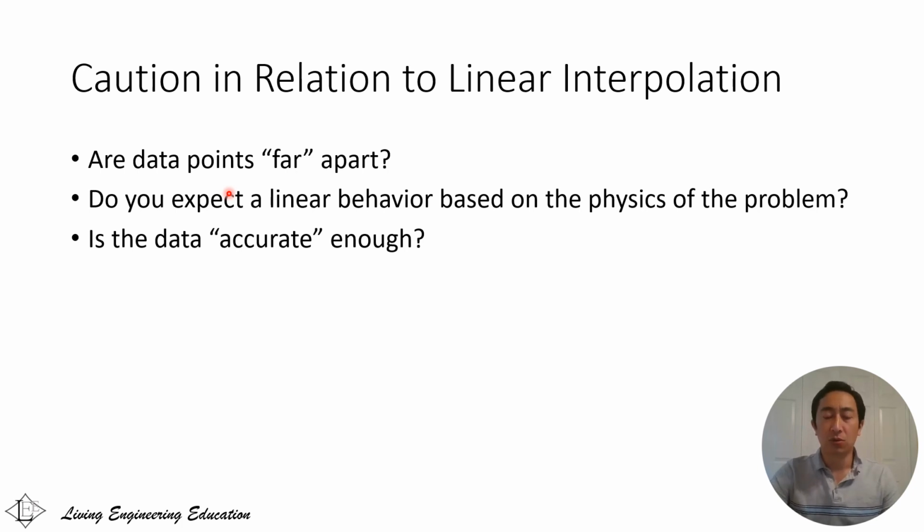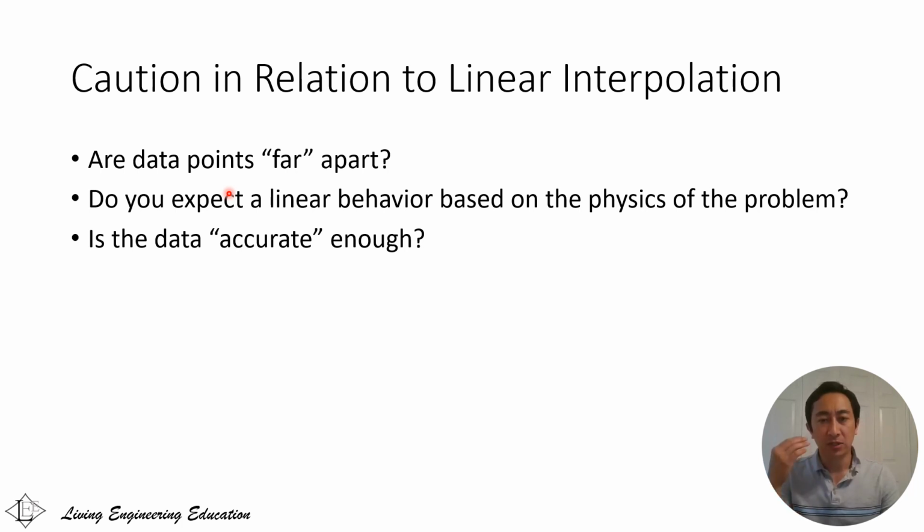So in the previous slide, I mentioned, if you choose two temperatures to find your properties that are wider apart, it's still considered interpolation because you're still bounding the unknown value. That doesn't mean that that's going to be accurate. So it depends on how accurate you actually want to be.